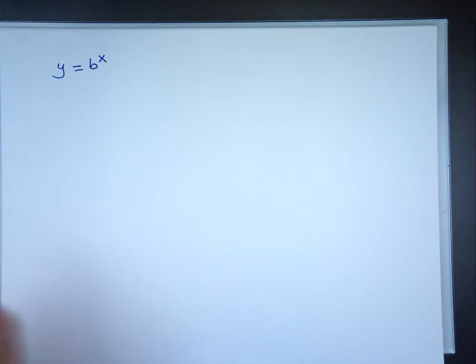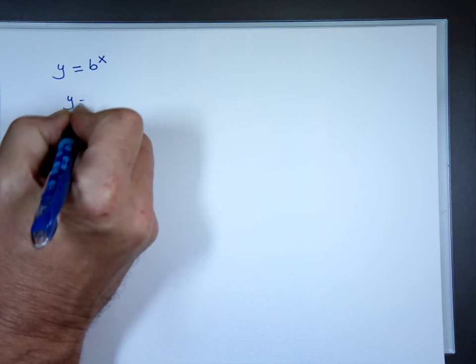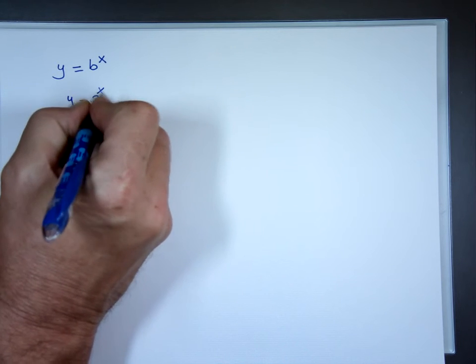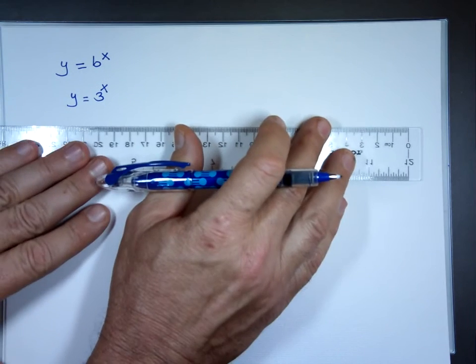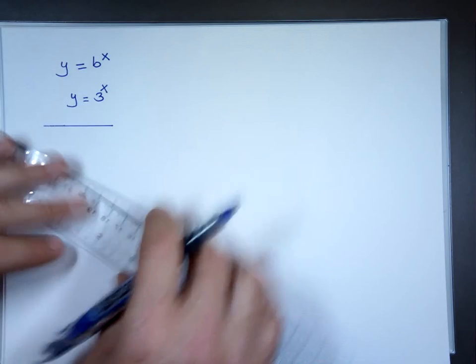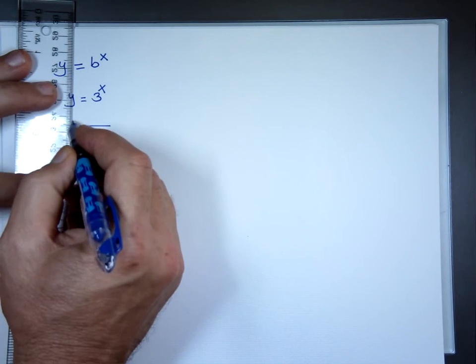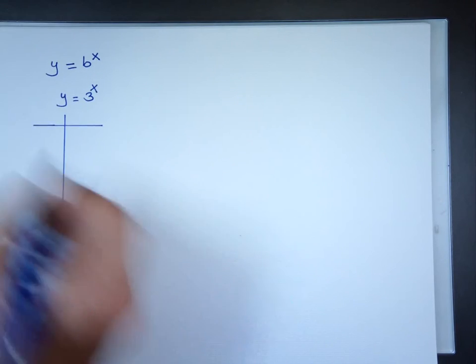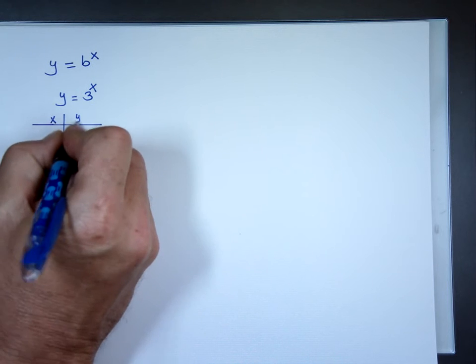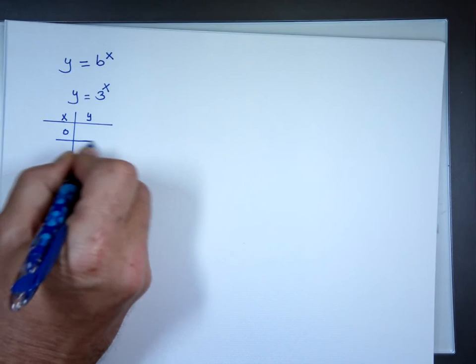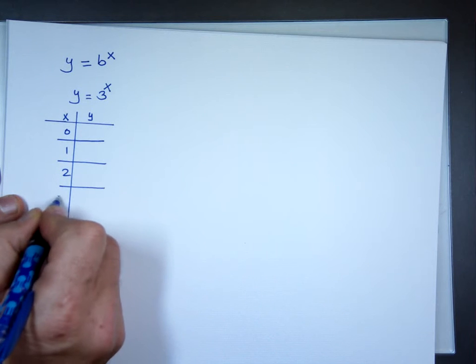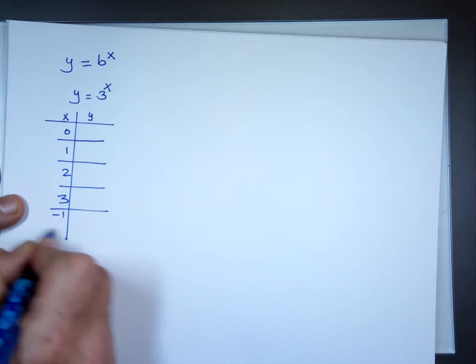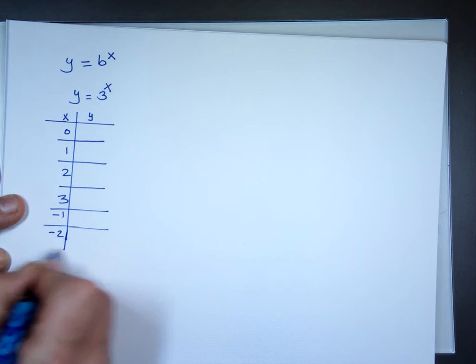So if I want to graph y equals 3 to the power of x, what will the graph look like? We can make a quick table for that. Here's x and there's y. Let's pick values for x: 0, 1, 2, 3, negative 1, negative 2, negative 3.